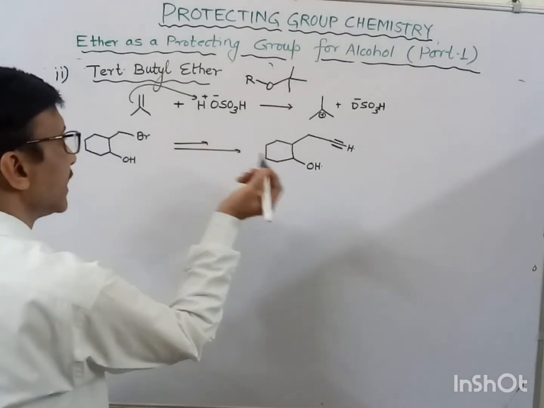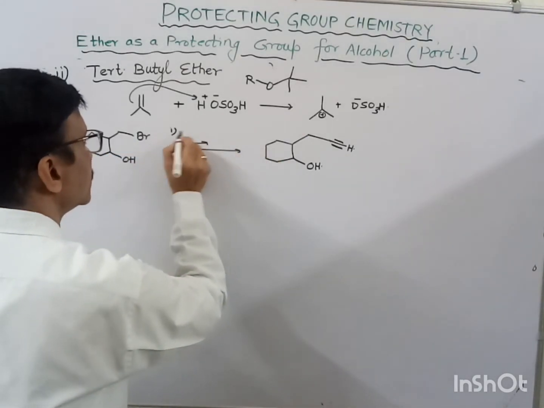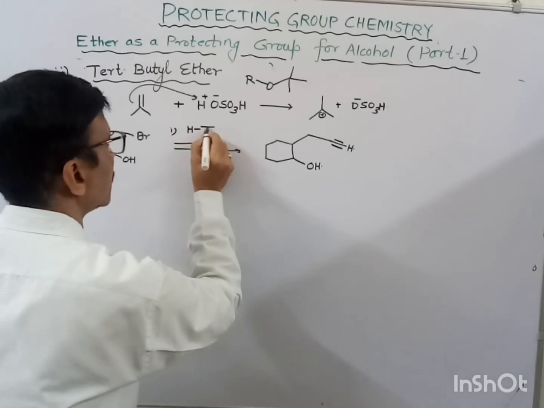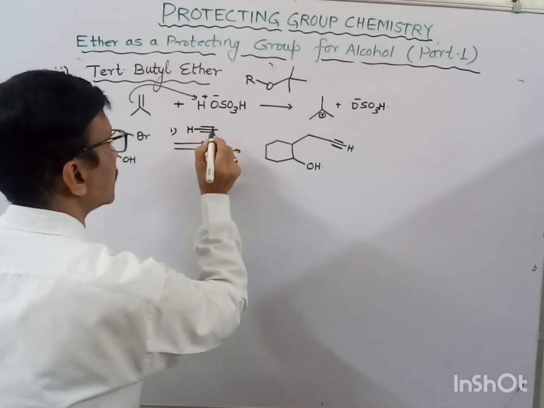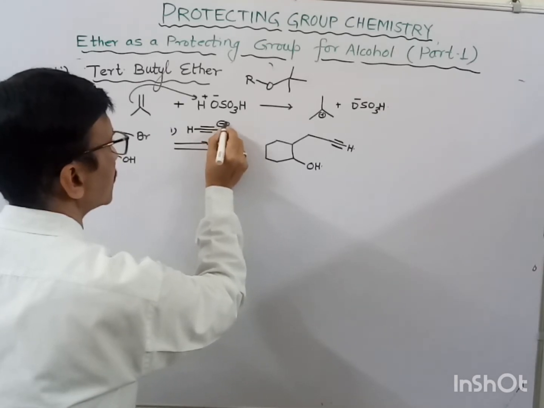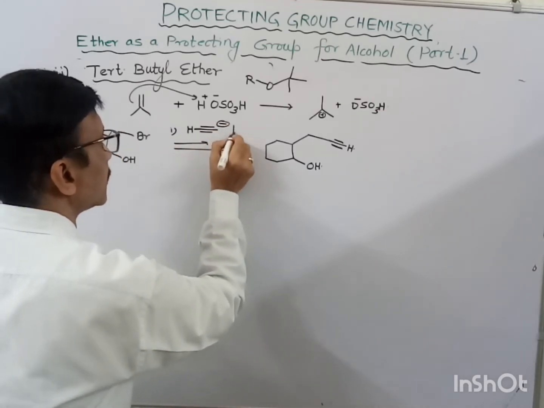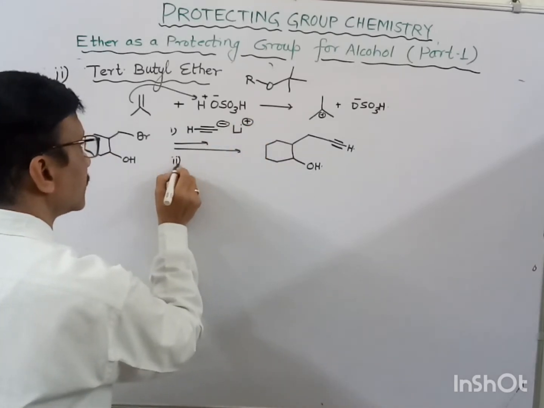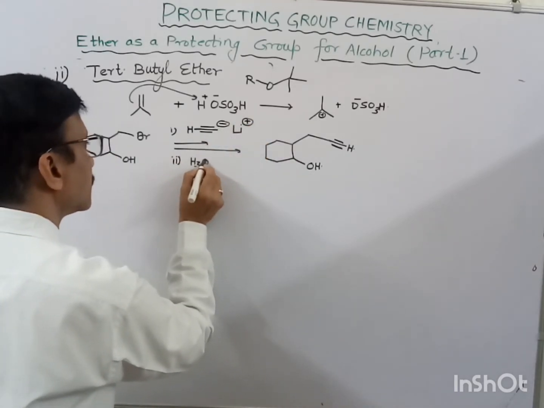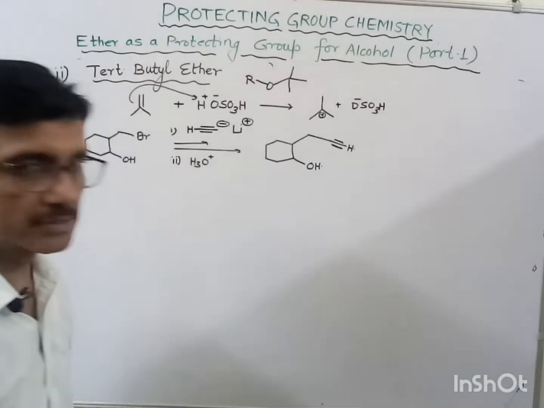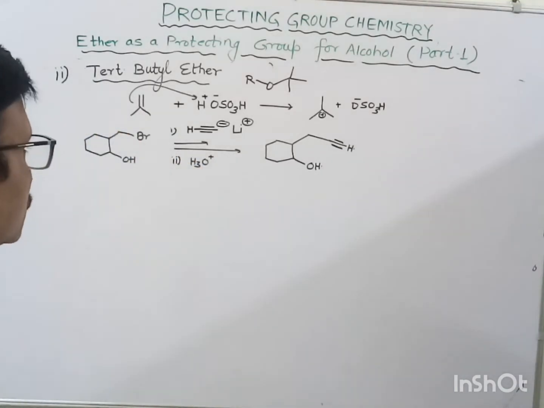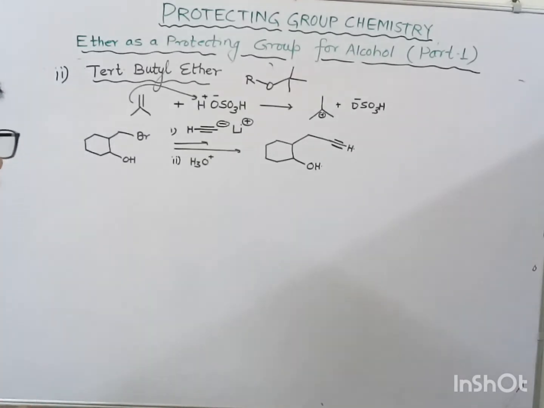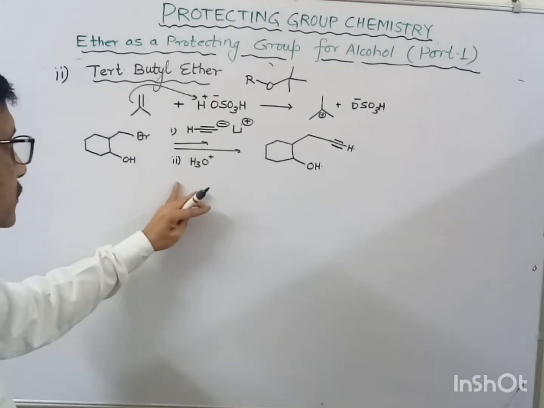This may be added using lithium acetylide, followed by hydrolysis. So suppose we want to do this conversion, then how can we convert this into this?